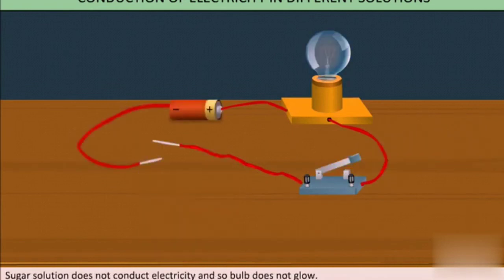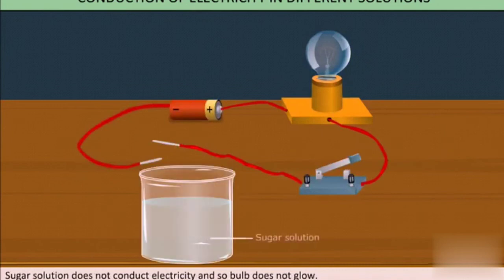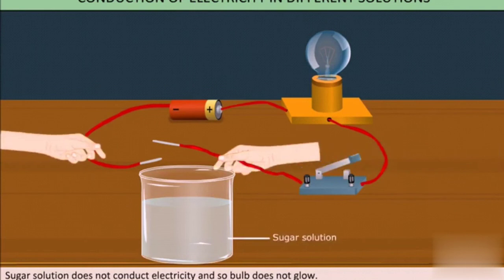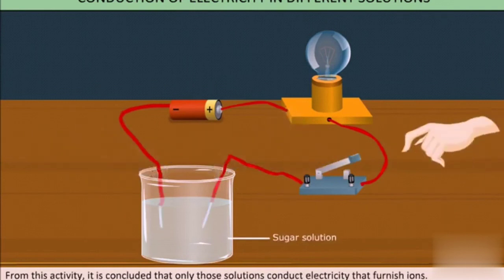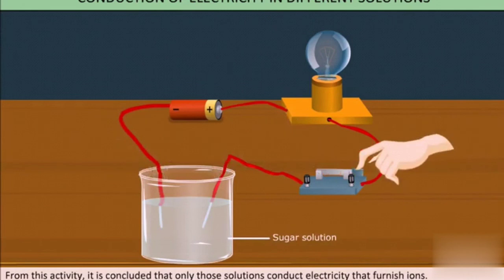Sugar solution does not conduct electricity and so bulb does not glow. From this activity, it is concluded that only those solutions conduct electricity that furnish ions.